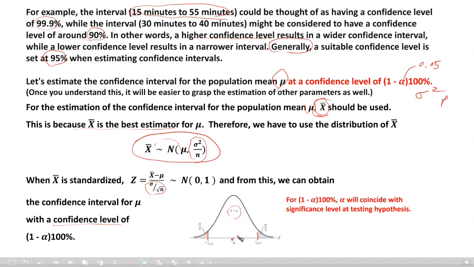Zero is the mean of G, so here is G. Then alpha over 2 here, and alpha over 2 here, the same area. Let's say this value is small g, alpha over 2. Then what is this one? Minus g, alpha over 2, because this distribution is symmetric, right?